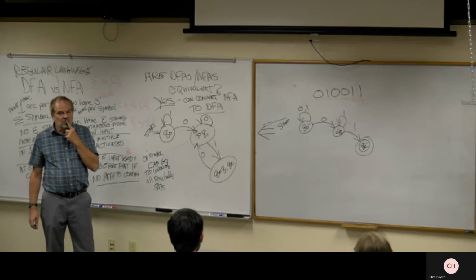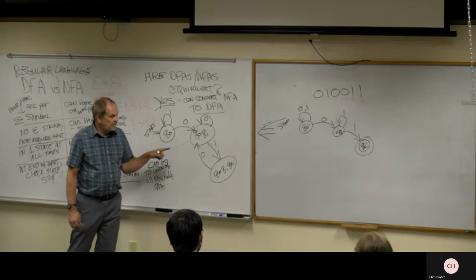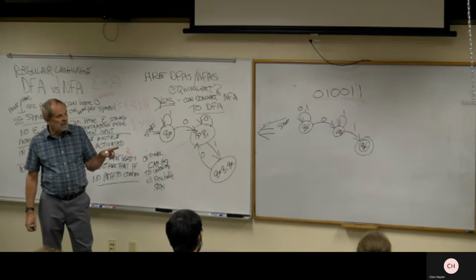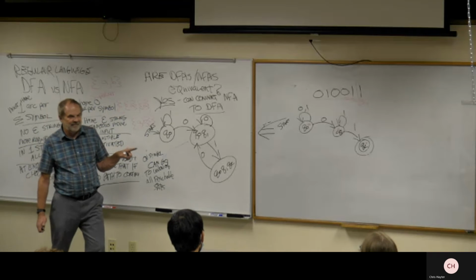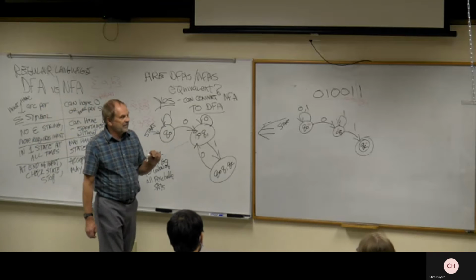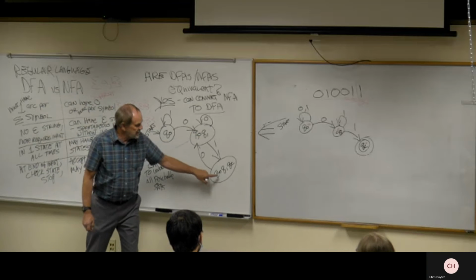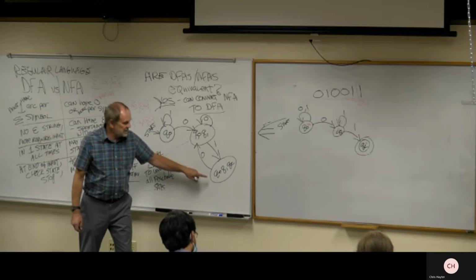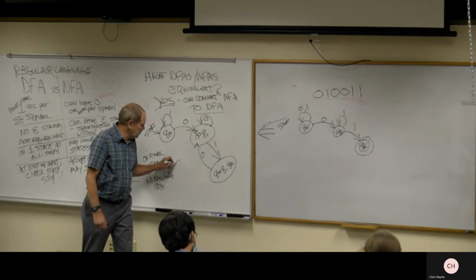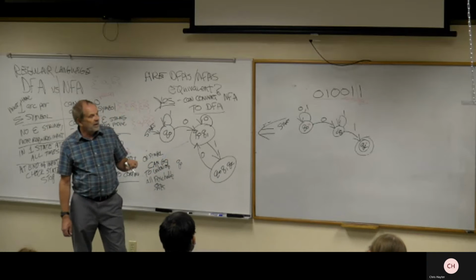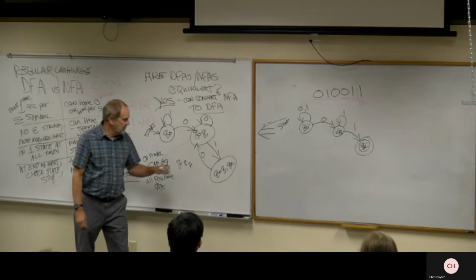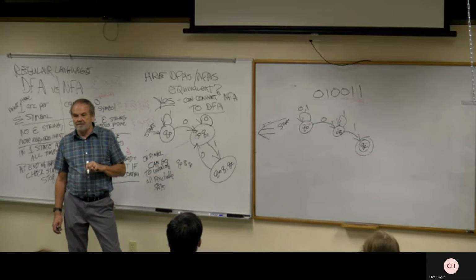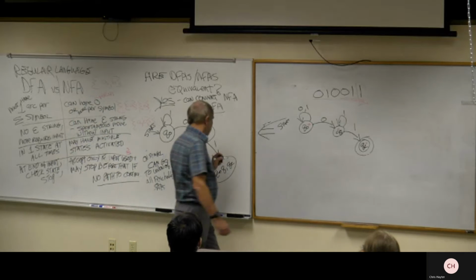Q0, Q1, Q2. Careful, a 1 from Q1 will go to Q2, yes, and to itself. We're not adding anything off of Q2, but Q0 on a 1 goes to Q0, so we've still got that. And so it loops back on itself here.